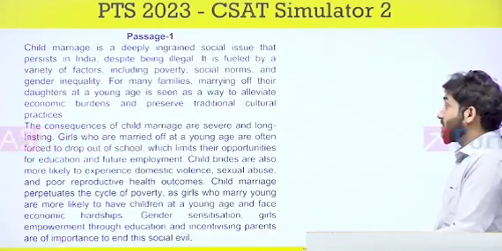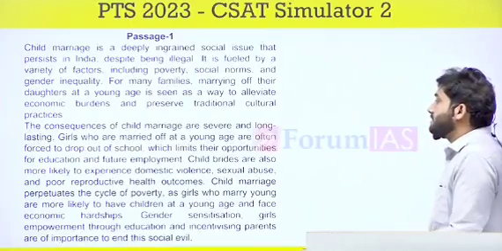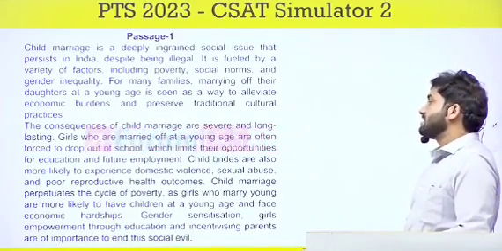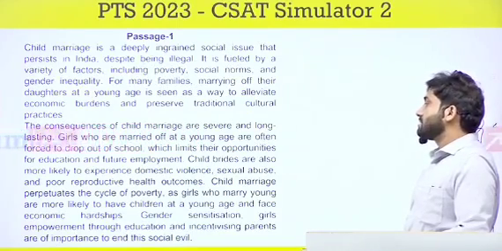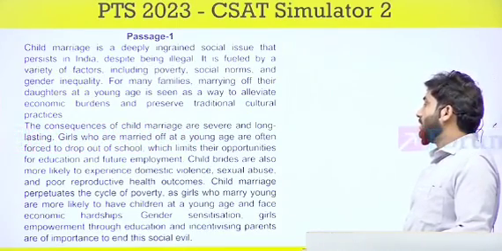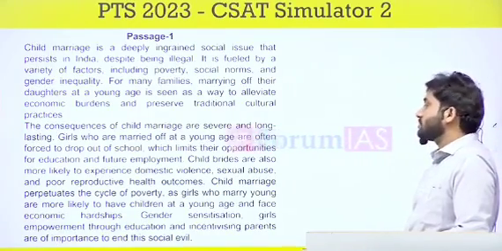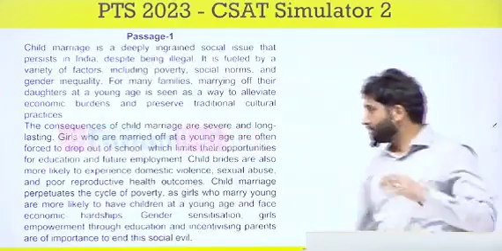Child marriage perpetuates the cycle of poverty, as girls who marry young are more likely to have children at a young age and face economic hardships. Gender sensitization, girls' empowerment through education, and incentivizing parents are of importance to end this social evil. I hope that makes sense to everybody.